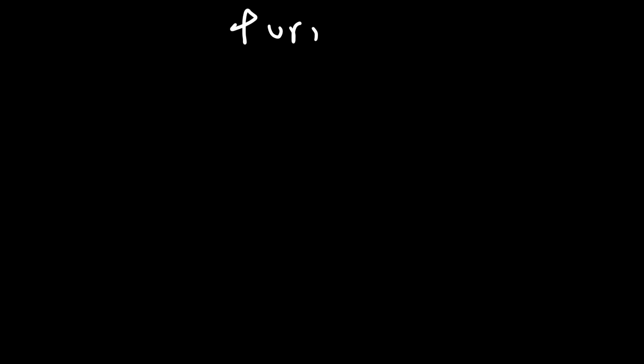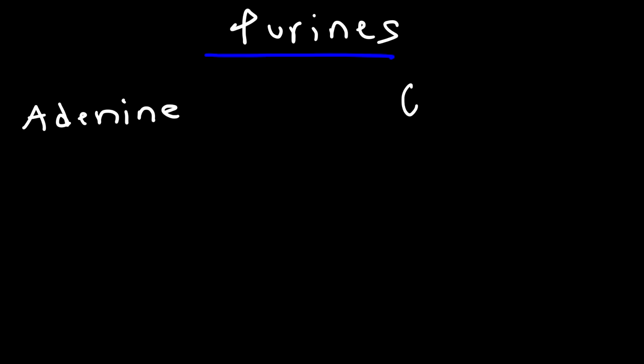So let's start with the purines. On the left side, I'm going to draw adenine, and on the right side, I'm going to draw guanine. Now, in the first ring, they both contain 2 nitrogen atoms and 4 carbon atoms.